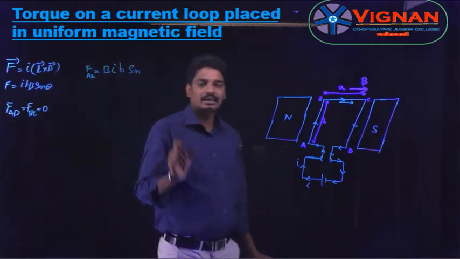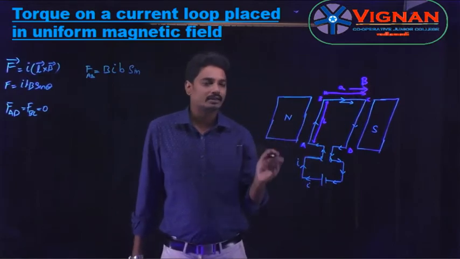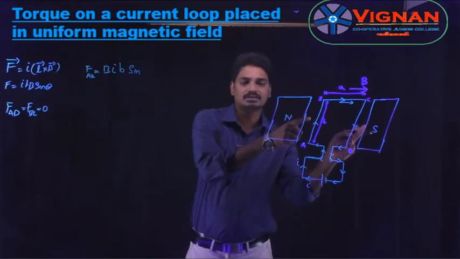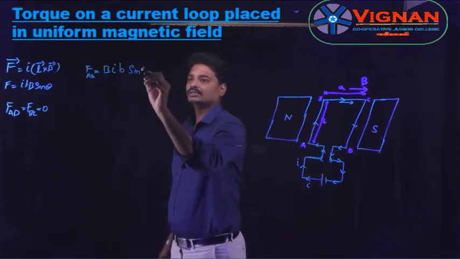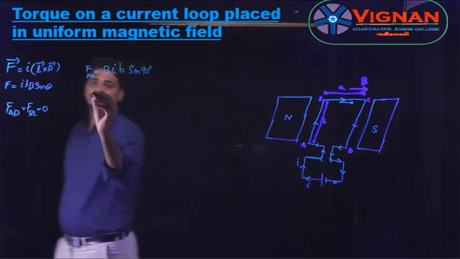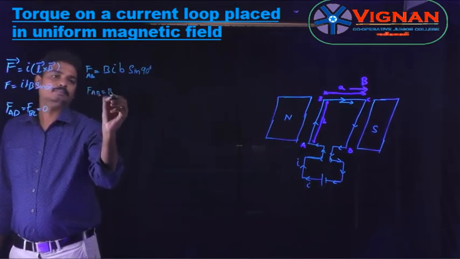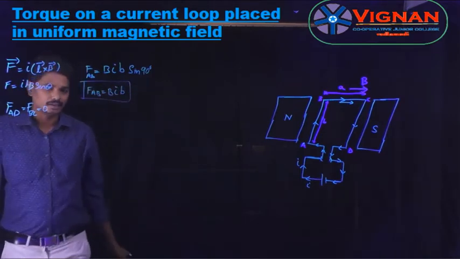Theta is the angle between the length vector and the uniform magnetic field. Here the length vector is in this direction and the uniform magnetic field is in this direction. As both are perpendicular to each other, the angle is 90 degrees, and we know that sin 90 is 1. So F AB is equal to B I B.